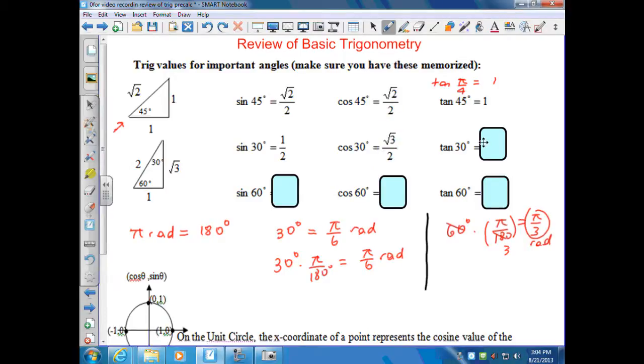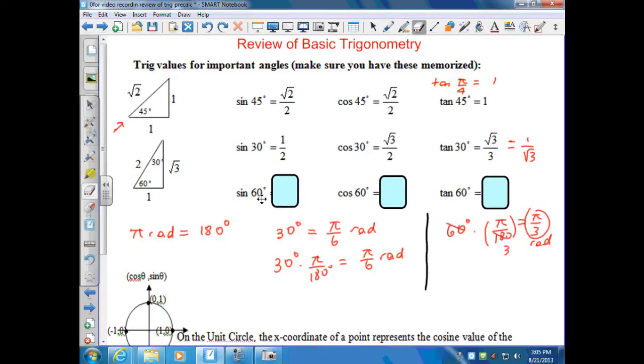And tangent will be the ratio of this to that. So if you literally take the ratio, you will end up with 1 over root 3, or in simplified form, root 3 over 3. It's okay with me if you leave it at 1 over root 3, that would be fine as well. So what I would suggest is, for sure, know your values for sine and cosine, and you can always get tangent from that if necessary.